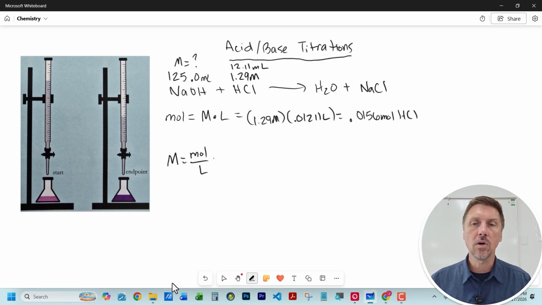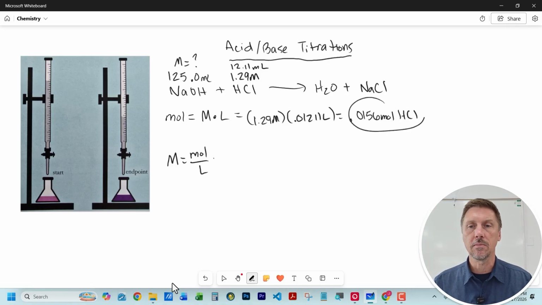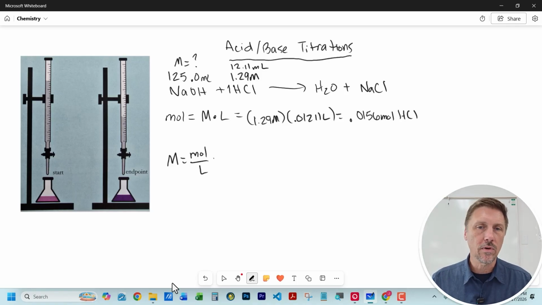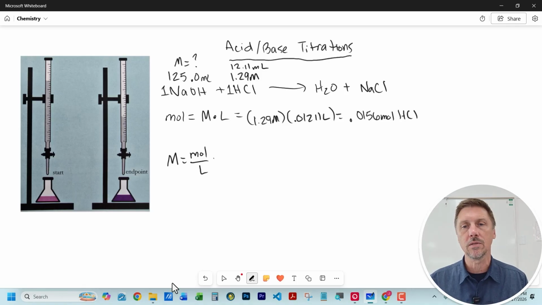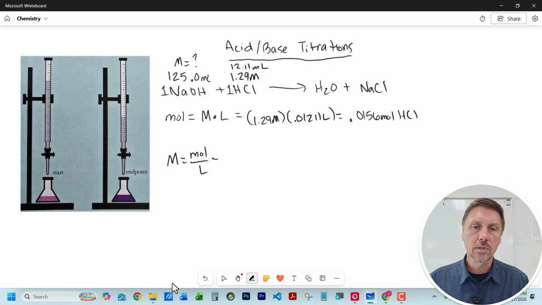So how many moles of NaOH do we have if we have this many moles of HCl? We're used to doing that in stoichiometry. And actually this one's pretty straightforward, since there's a one-to-one relationship between these. If we have this many moles of HCl, it means we also have that many moles of NaOH. So we're just going to go ahead and write that down here, 0.0156 moles of NaOH.